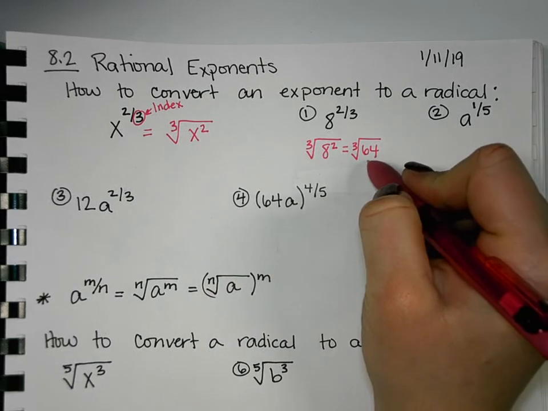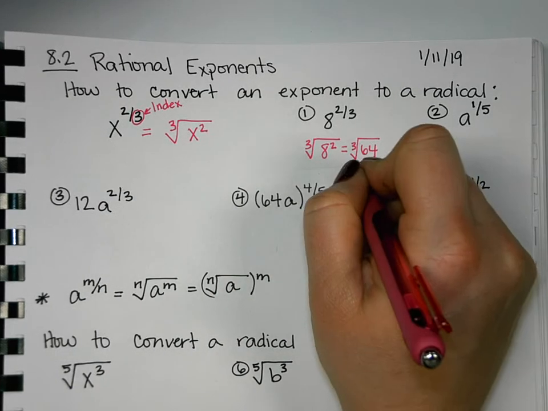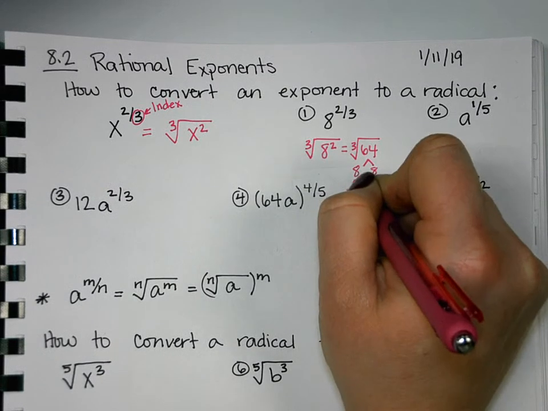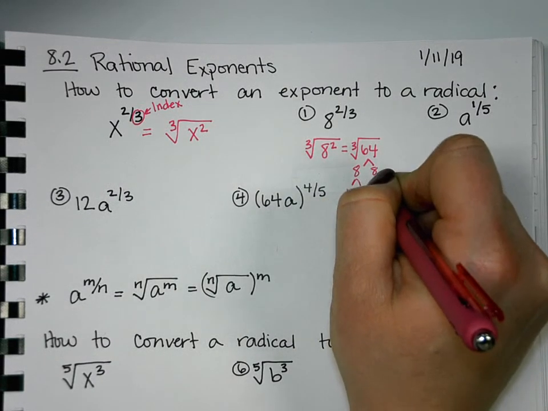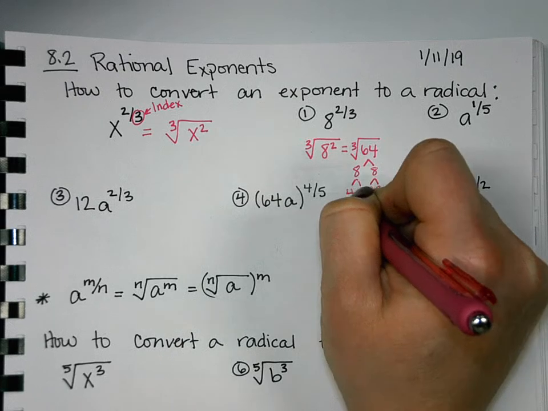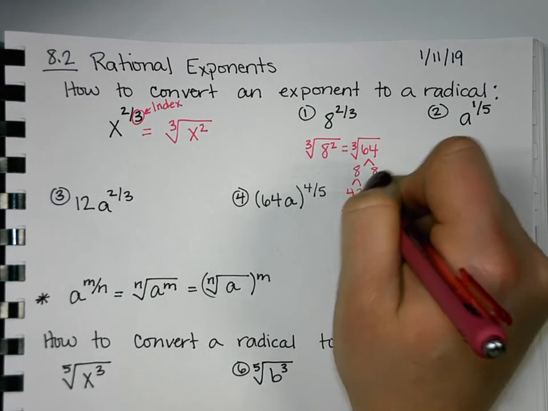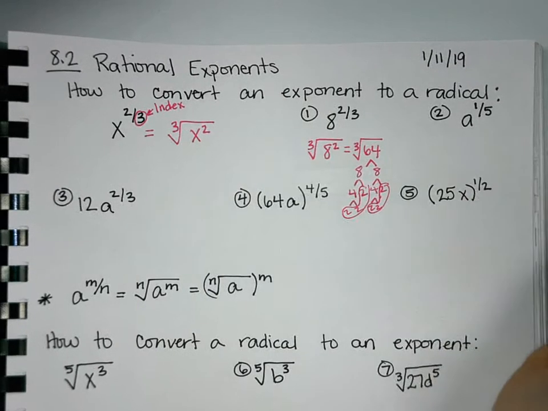So when we break down 64, we'll have 8 times 8, 4 times 2, 4 times 2, 2 and 2, 2 and 2. So we end up with 2 groups of 3 2's.